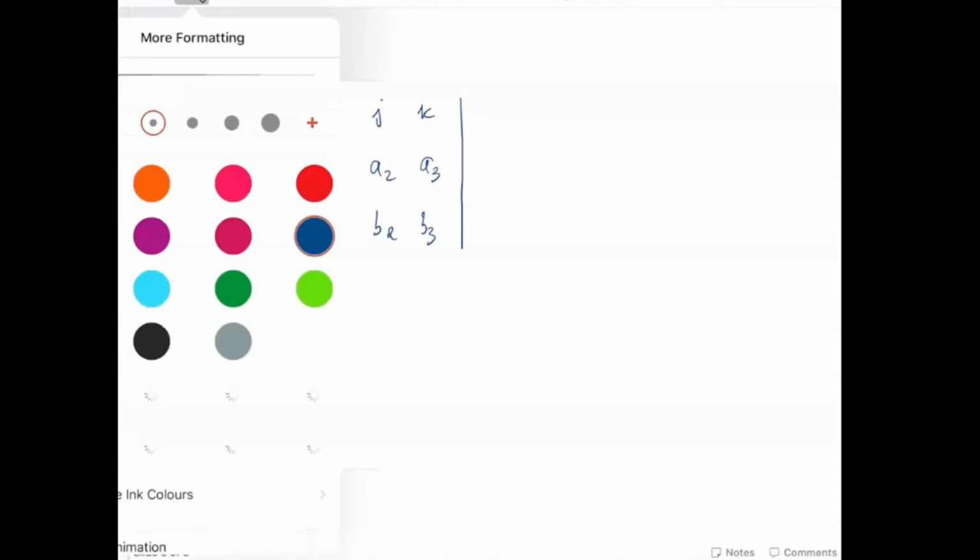In that case, you provide I, J, and K, A1, A2, and A3, B1, B2, and B3. Instead of remembering the formula, if you place your vectors in this structure, it becomes quite easy to compute the vector product.